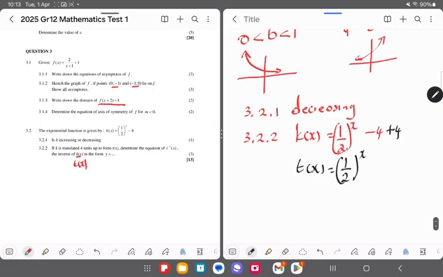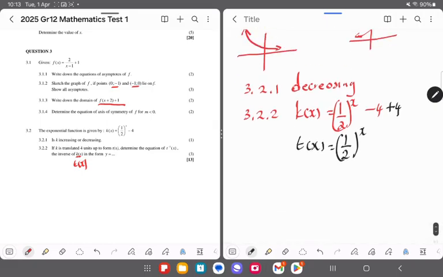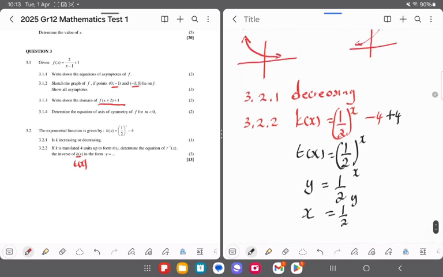Remember, we need to find the inverse of this equation. And then we know this is the same as y equals 1 over 2 to the power of x. Now, in order to find the inverse, we need to start by interchanging the x and y values. Therefore, we're going to have x is equal to 1 over 2 to the power of y. And because it's an exponential form, we need to introduce the log.